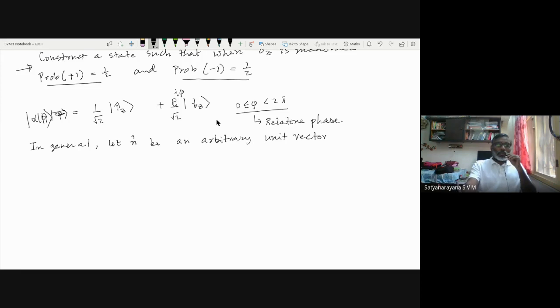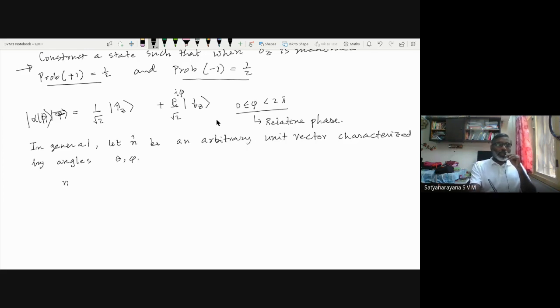Unit vector characterized by angles theta and phi. What does that mean?